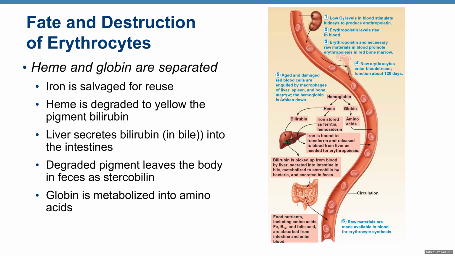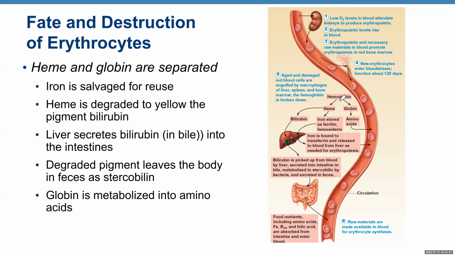So when blood flows through those organs, the aged and damaged red blood cells are destroyed by macrophages. Right. So here you have your red blood cell with a lot of hemoglobin inside. Your macrophage is going to eat it up, break it down.